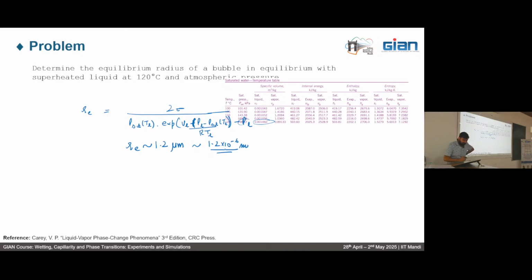Now let's suppose I want to see what happens if the temperature is a little bit lower. If the temperature is 105 degrees centigrade, using the same equation you can see that the equilibrium radius comes out around 6 micrometer. If we increase the temperature just by 15 degrees centigrade, this lowers to 1.2 micrometer.